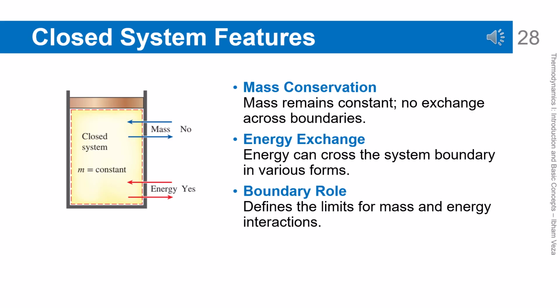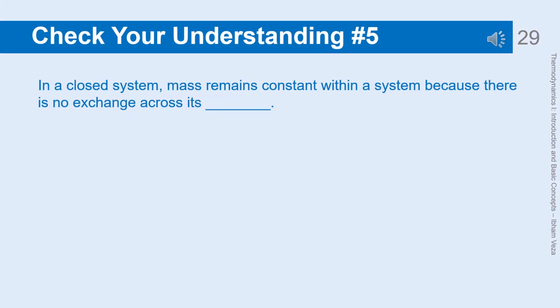Many basic thermodynamic analyses start from the closed system model. This concept simplifies the understanding of mass and energy conservation laws. In a closed system, mass remains constant because there is no exchange across its boundaries.